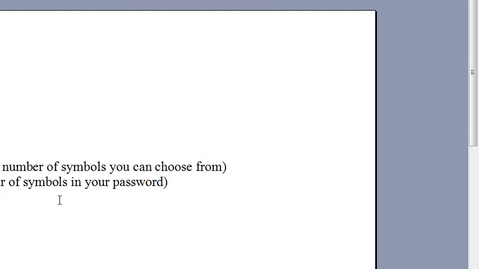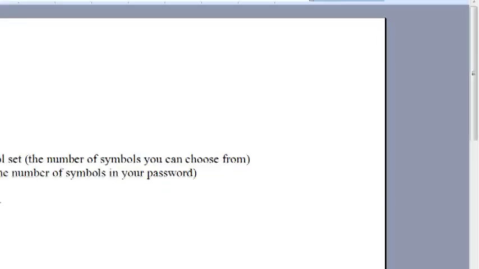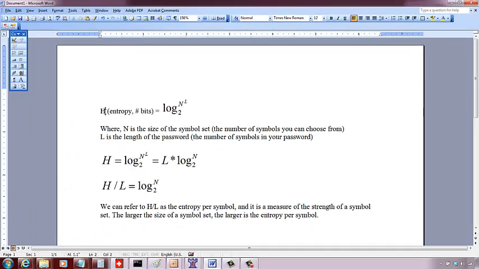I'm going to now talk about the entropy calculations. As you know, the entropy is a measure of the strength of the password. It is represented as the number of bits, and basically indicates the complexity involved in cracking a password or finding the password using a brute force approach.